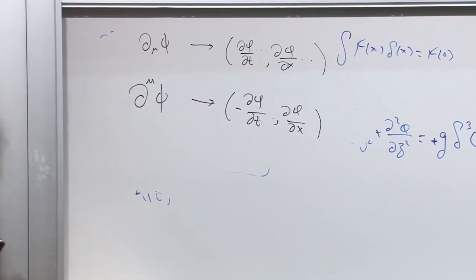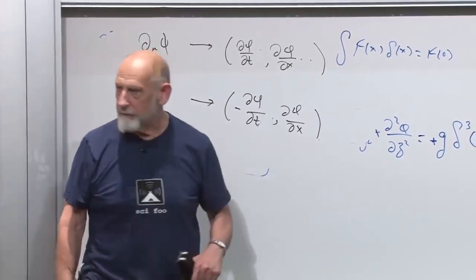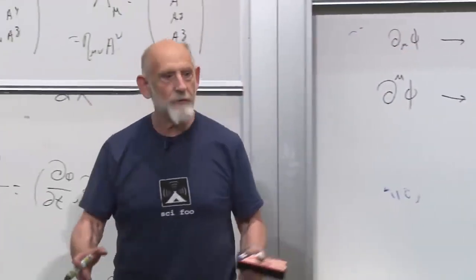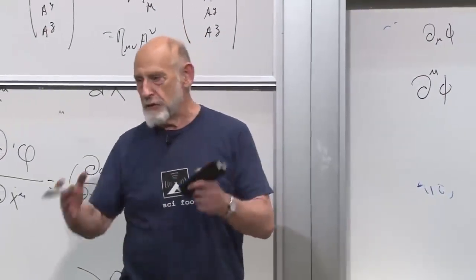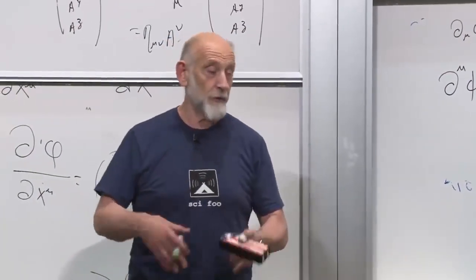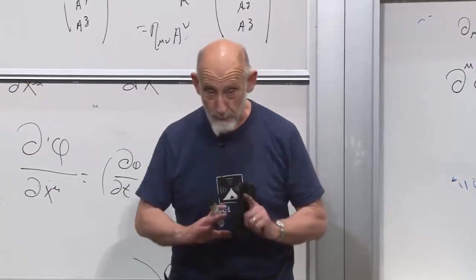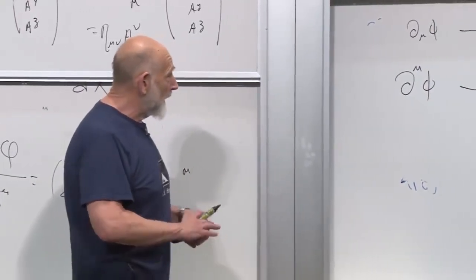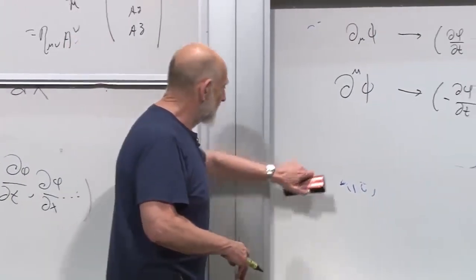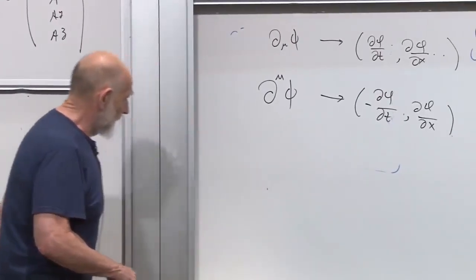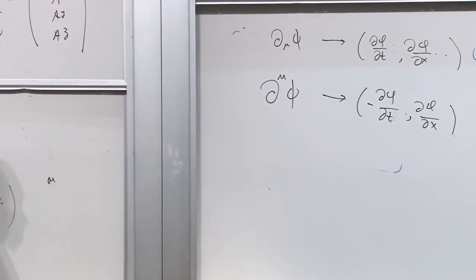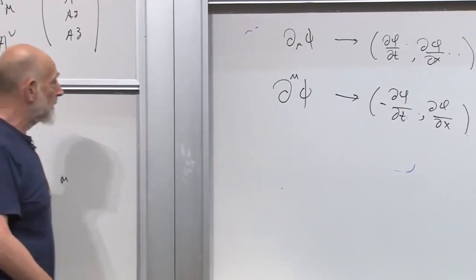All right, so it's a bunch of notation, but all it's keeping track of is squares of time components minus squares of space components, or squares of space components minus squares of time components. That's all it's doing, but it's neat. Finally, we can construct a new scalar. Phi was a scalar.